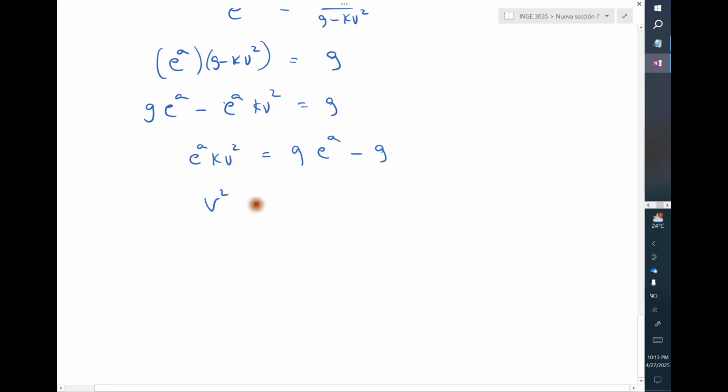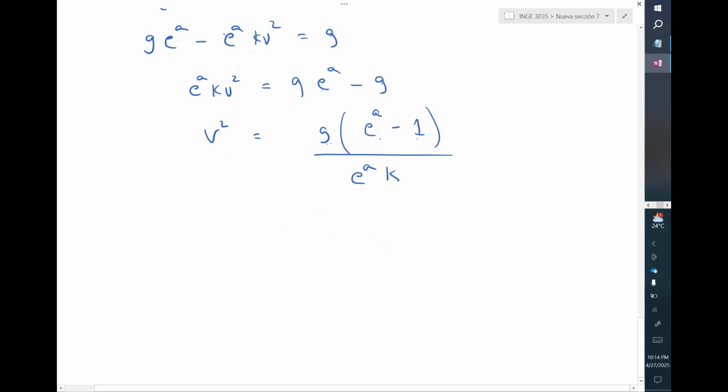So v squared equal g, I can take that g out, times e to the a minus 1, and all that divided by e to the a k. All right, so this is pretty much done. That means that the impact velocity is going to be g over k, I'm going to leave the g and the k out, but then put e to the a minus 1 over e to the a.